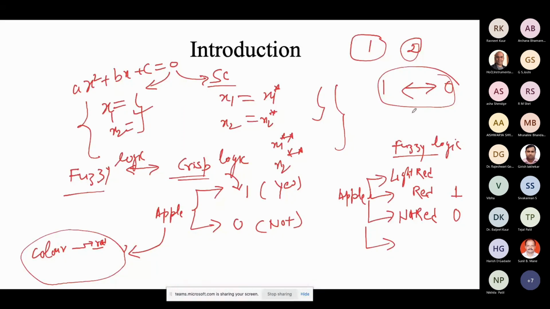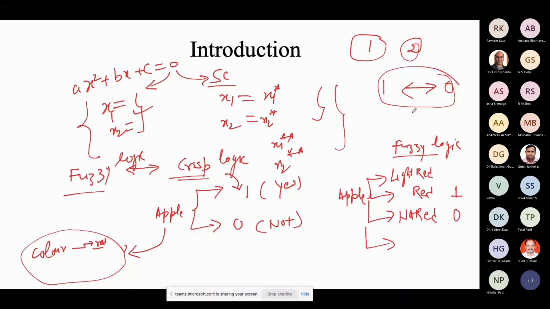Then we have two answers only: apply or not apply. But in fuzzy logic, depending upon the distance, we can apply a slow brake. It may depend upon the distance between your vehicle and the nearest vehicle. So we have various related examples.